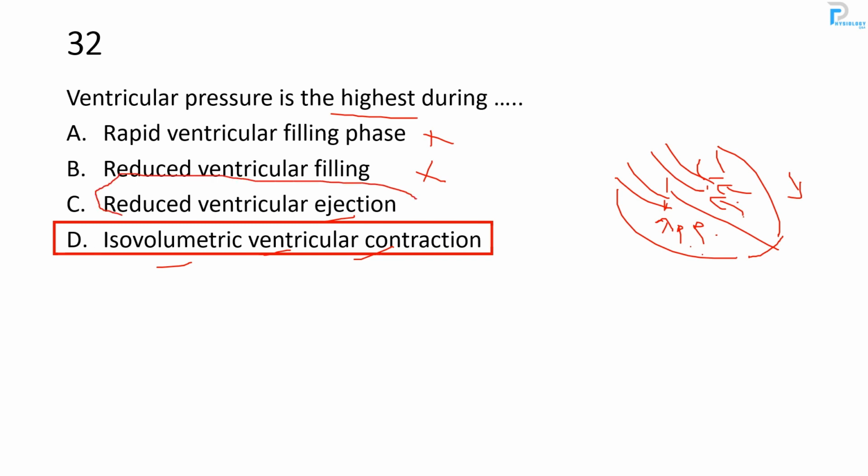The pressure in the ventricle during ejection increases and then goes down. So during early ejection, the pressure will be high. Then at later ejection, the pressure will be a bit lower. But the highest point will be at the beginning, to overcome the high pressure in the aorta and open the aortic valve.